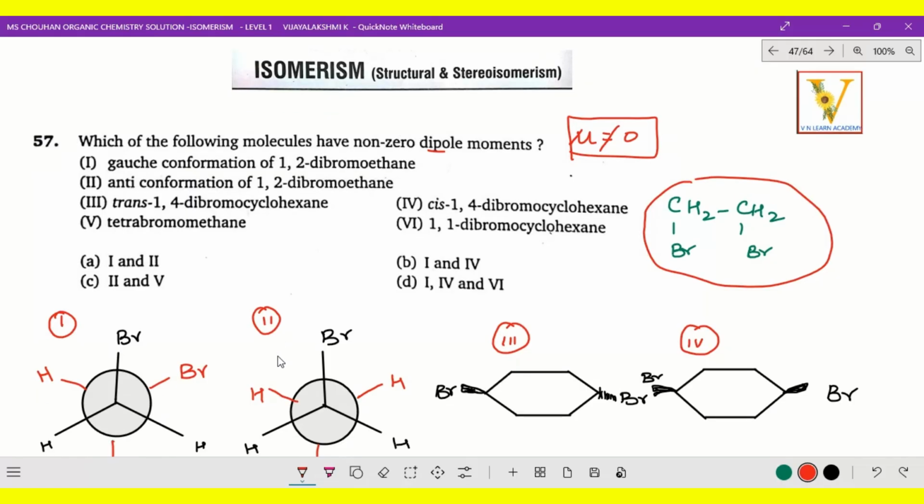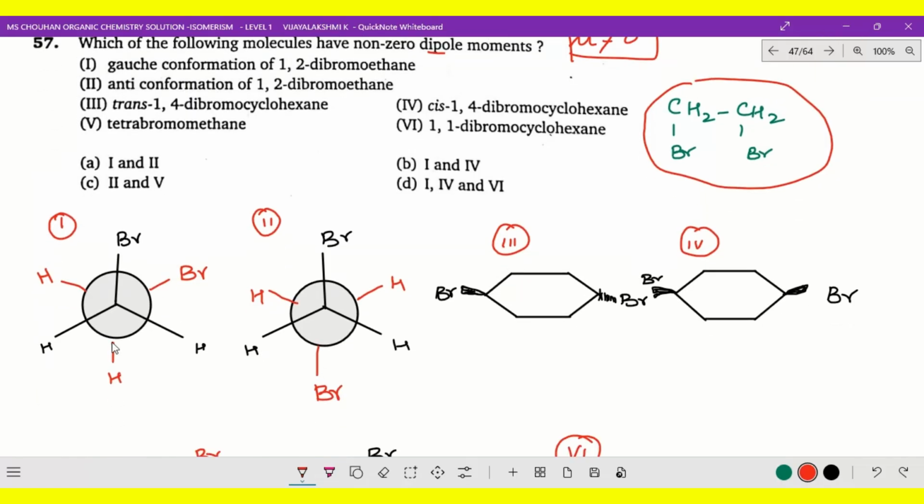It's really just logical thinking, so I bring it to the structural formula. This is the front carbon and back carbon, CH2Br, CH2Br, 1,2-dibromoethane, right? The first one is the gauche conformation, and the second one is the anti-conformation. In the gauche conformation, the dipole moment first goes upwards, and then it goes sideways.